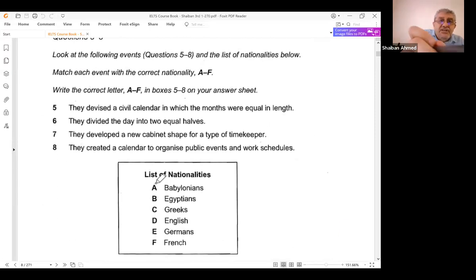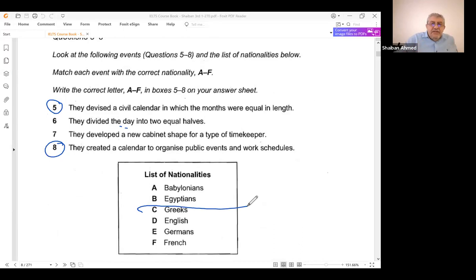Okay, they divided the day into two equal halves. The day, no. They developed a new cabinet, no. Nothing about the Greeks. Okay, English.